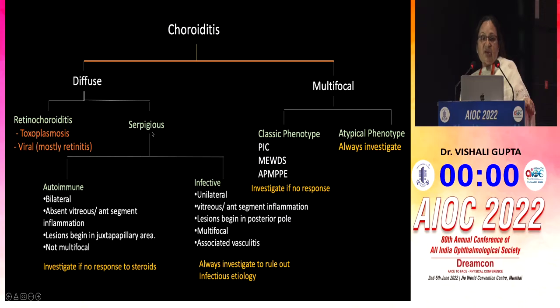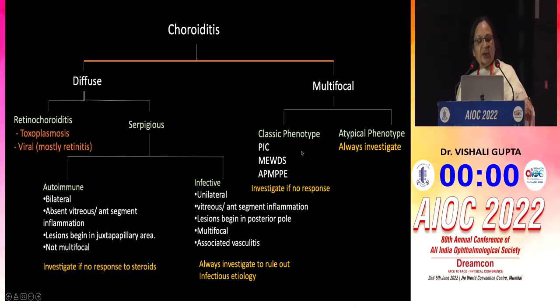It could be serpiginous, which can be autoimmune or which could be infective, and I have already highlighted how to differentiate the two. If it is autoimmune, you may investigate if there is no response to steroids, but you can actually start steroids. If it is infective variety, always investigate to rule out infectious etiologies, TB, viral, syphilis, before you actually initiate therapy.